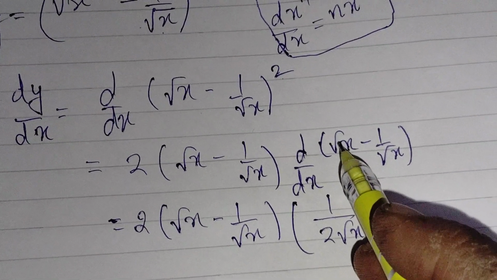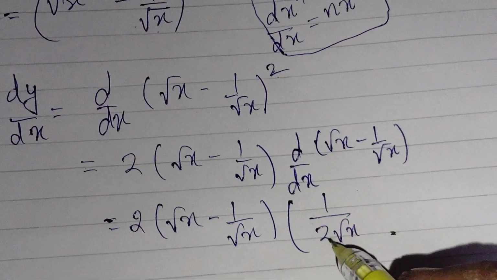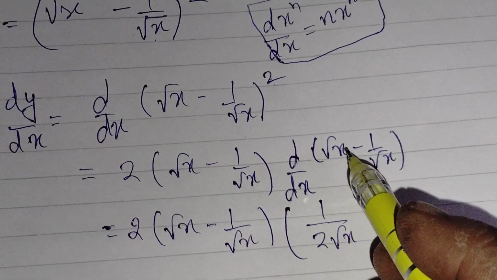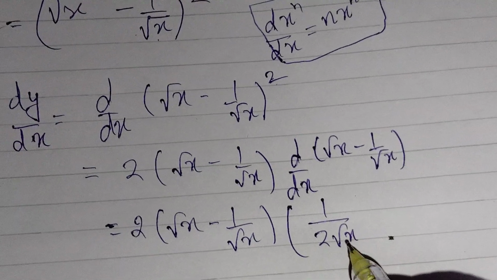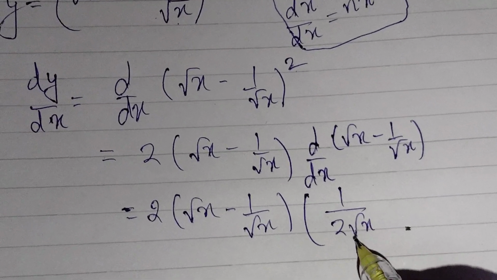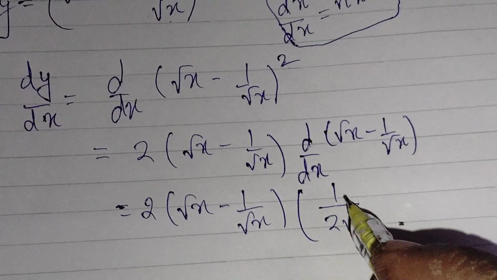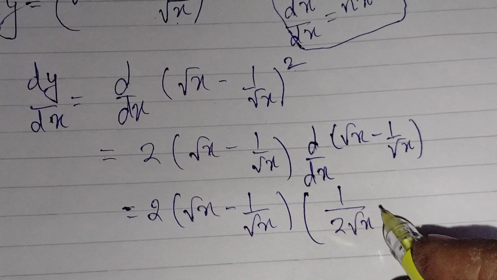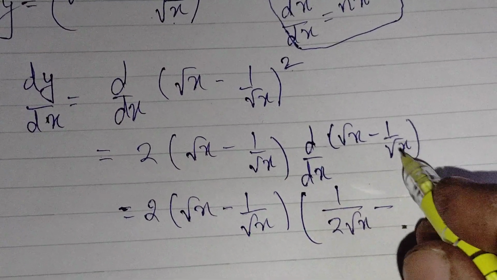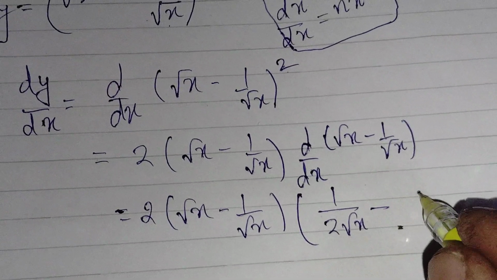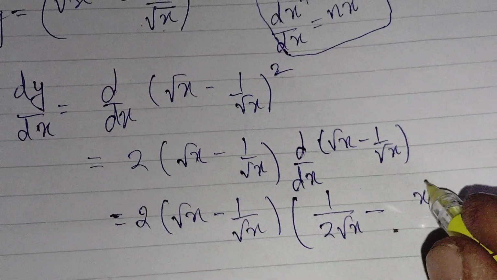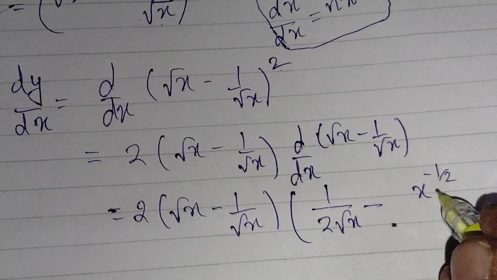So x power 1 by 2 can be written as 1 by 2 x power 1 by 2 minus 1, that gives us x power minus 1 by 2. So minus 1 by 2 becomes positive when we shift it into the denominator, so it becomes 1 by 2 root x. Now this square root x in the denominator can be written as x power minus 1 by 2 in the numerator.